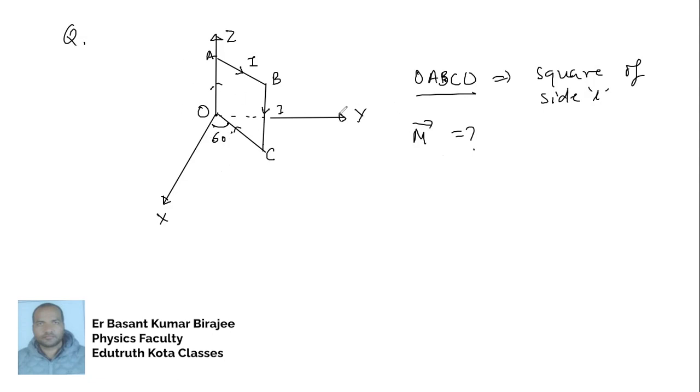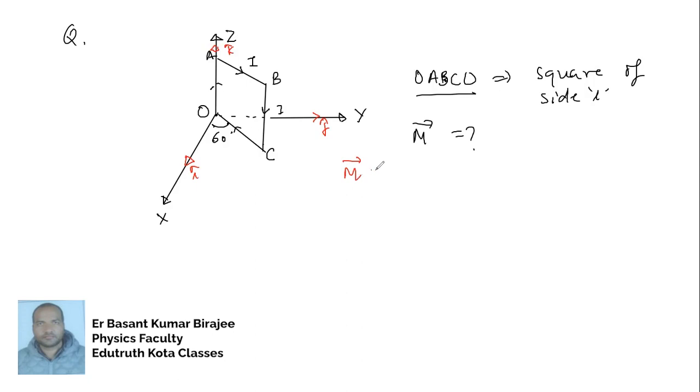Axes are given, so you can take unit vectors. Here you have j cap, here you have i cap along positive x-axis, and here you have k cap. So you can find magnetic moment in vector form using ijk. You can try yourself, and I'm also doing it, let's try.